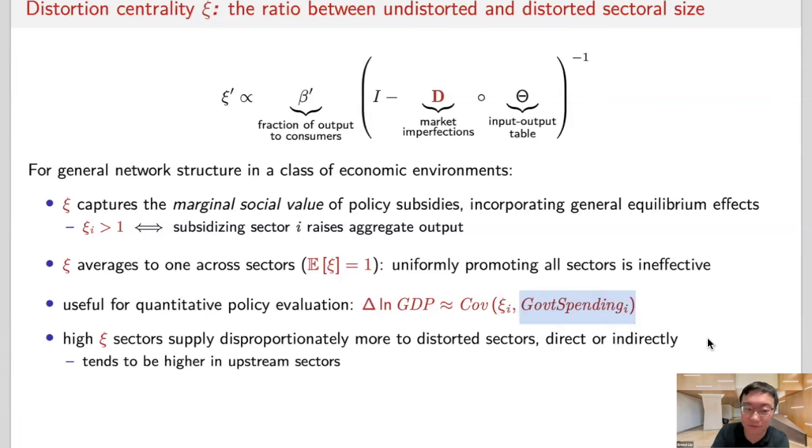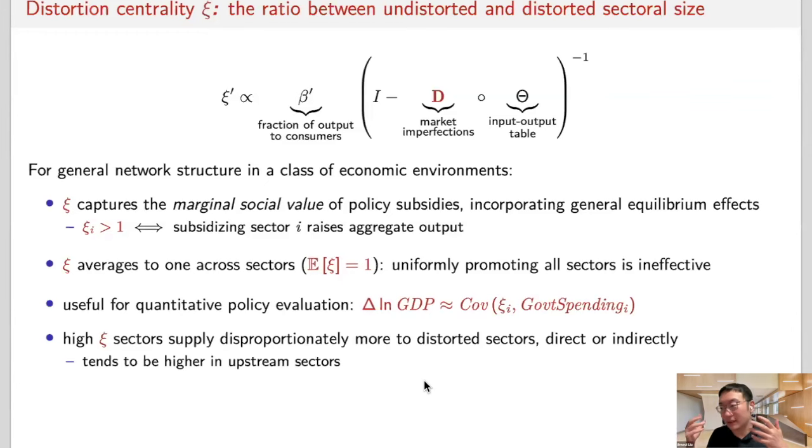the aggregate effect of industrial policy. Can I just ask, this distortion centrality, how is it connected to the network centrality concept? Yeah, so it's right next point, in the sense that sectors with high distorted centrality tend to supply disproportionately more to sectors facing large distortions, directly or indirectly.